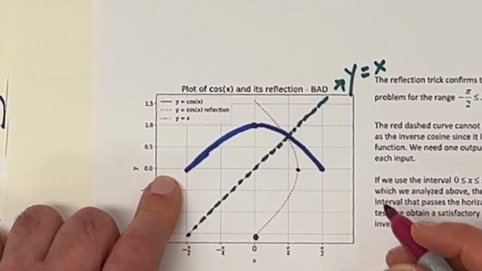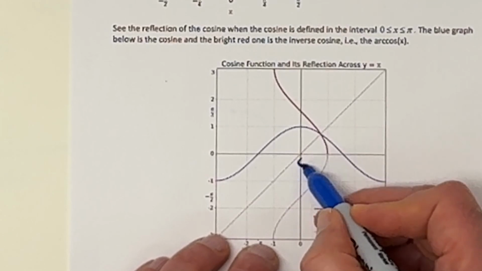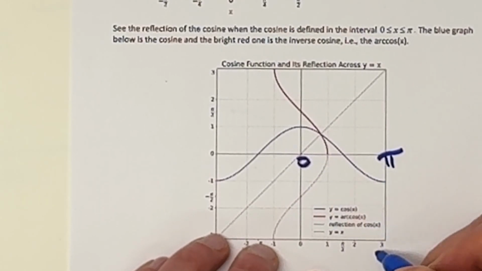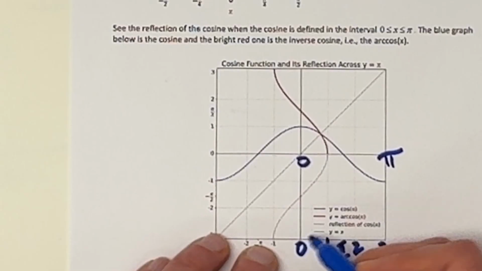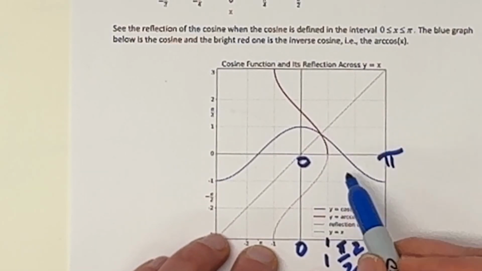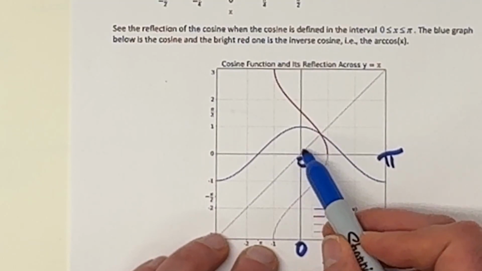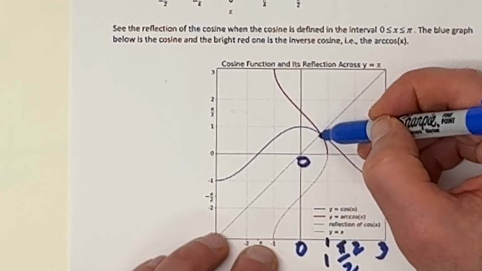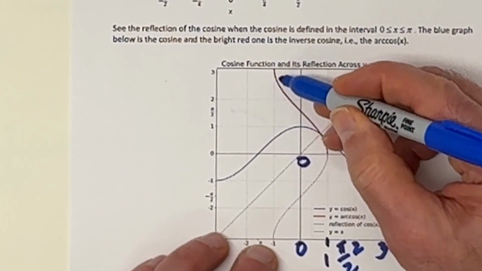It's not going to work. So what we have done here is we have gone from 0 to pi. Now pi is roughly 3, so that's why you see a 3 down here, and a 2, and this is then a pi over 2, and a 1, and a 0. But the idea here is if you go from 0 to pi, and then you do your reflection here, this is going to reflect down there, and as you come to here, you come meet there, and if you keep going over like this, you keep going up.